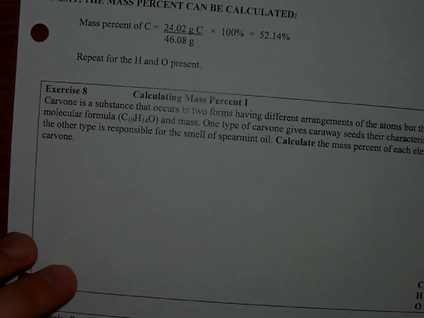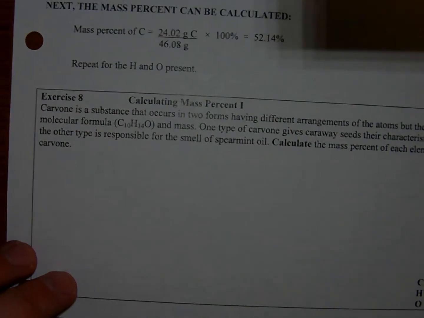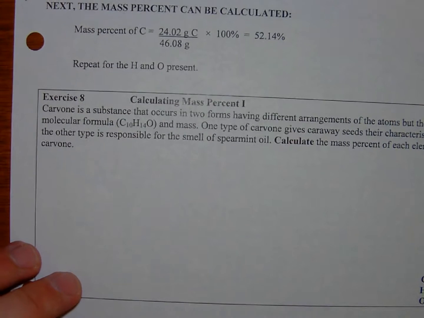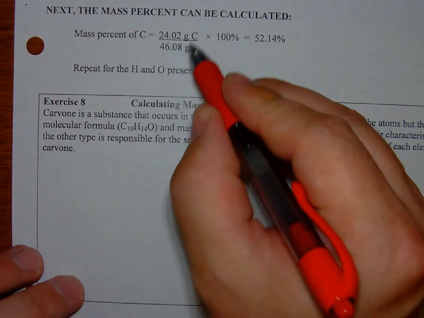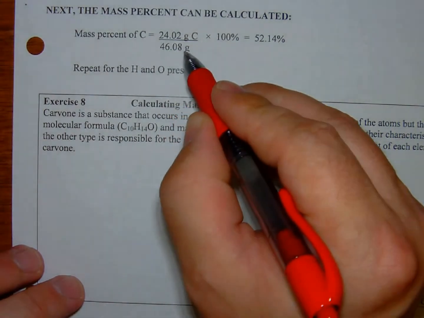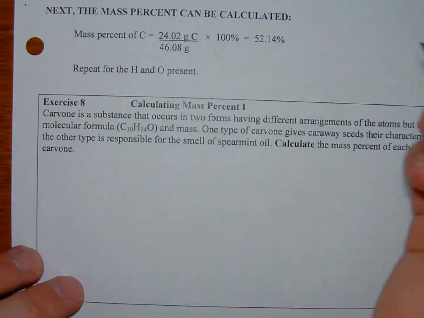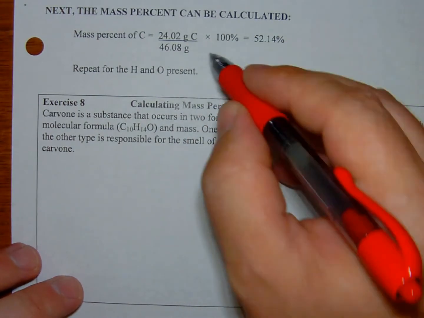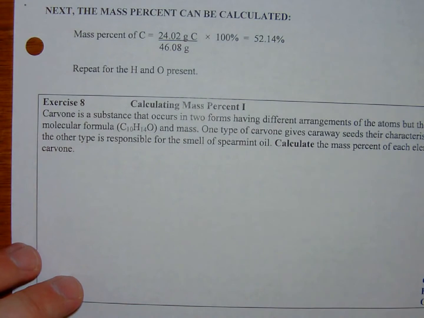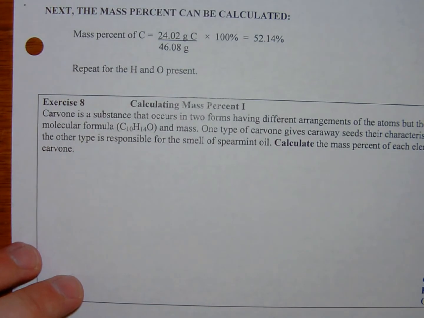And so that will look like 24.02 grams of carbon divided by the 46.08 grams, which is the mass of the whole. I'm going to divide that out, multiply it by 100. I get 52.14%. And so 52.14% of this compound by mass is carbon.